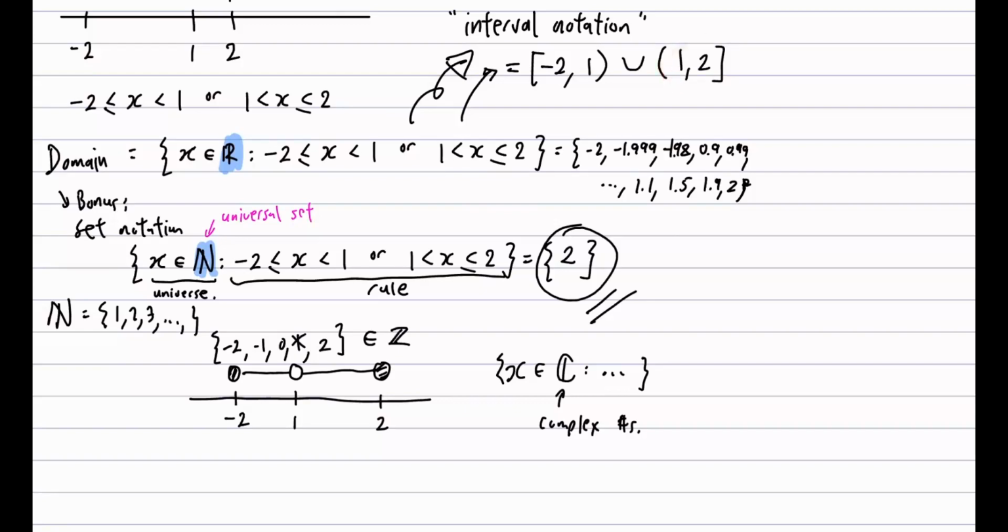Previously you wrote the inequality 2 more than or equal to x more than 1. That's true in inequality notation, and you can use it with set notation, but it is not advisable because it doesn't pair well with interval notation. This is called the set notation version. The one above is called the interval notation.